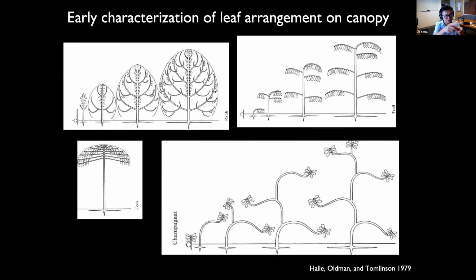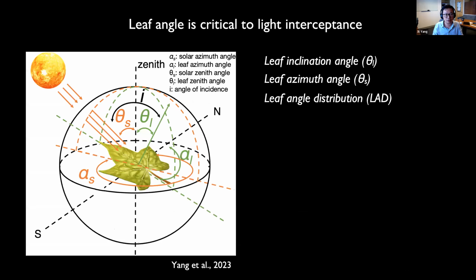You can also see they have models for trees at different growth stages. It's a rare effort at the time, really dedicated drawing, but you can also see that the description of leaf arrangement on those models is rare, not very good. So let's get back to leaf angle here.